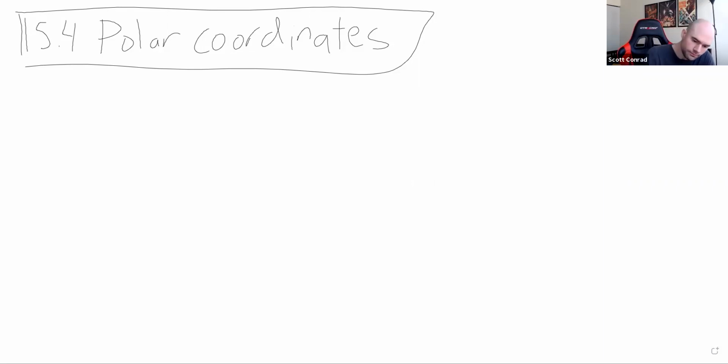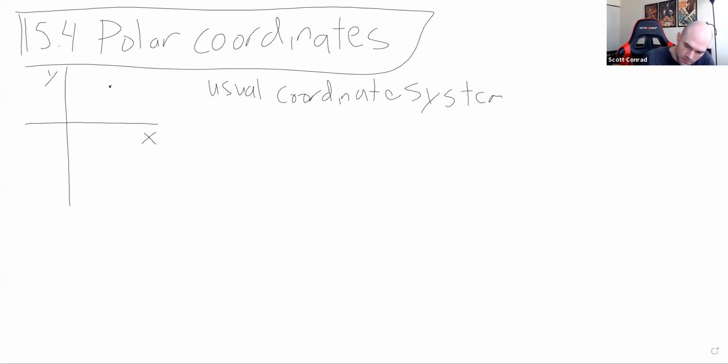So to distinguish the usual coordinate system that we use from the other coordinate systems, we're going to call it rectangular coordinates.